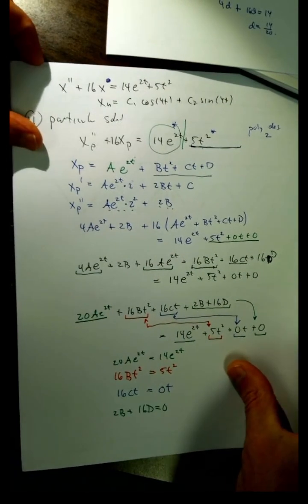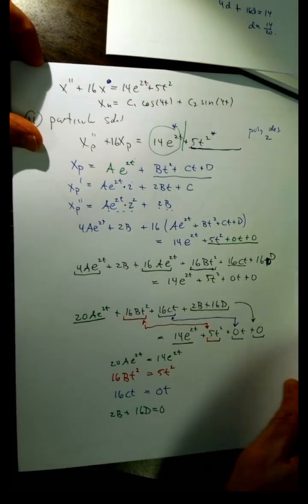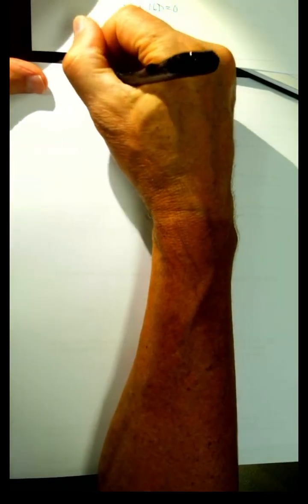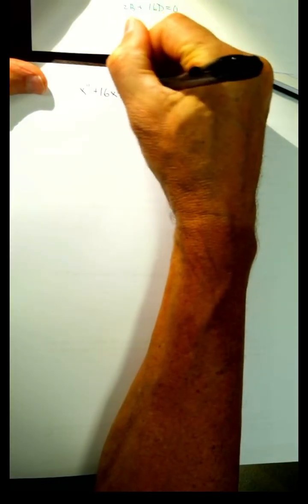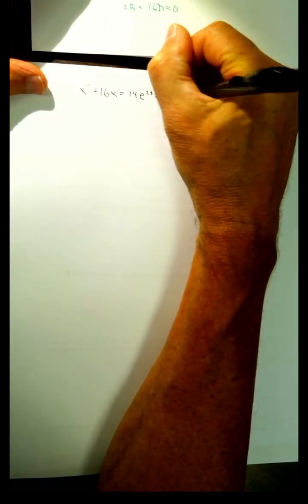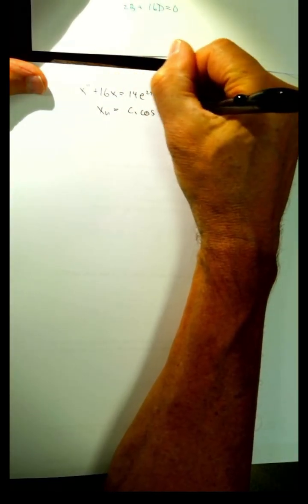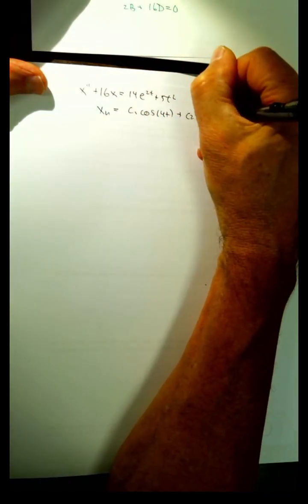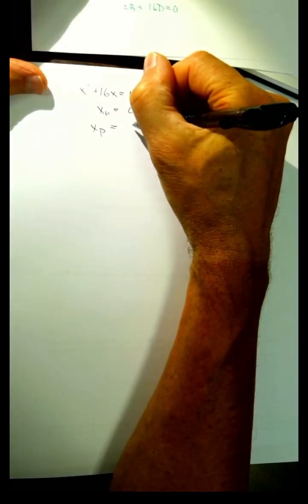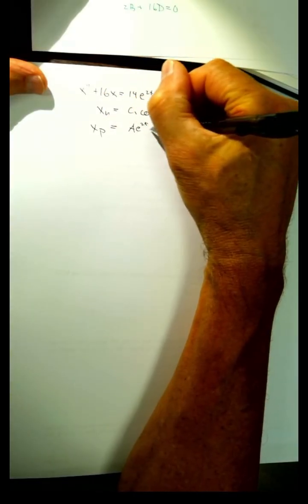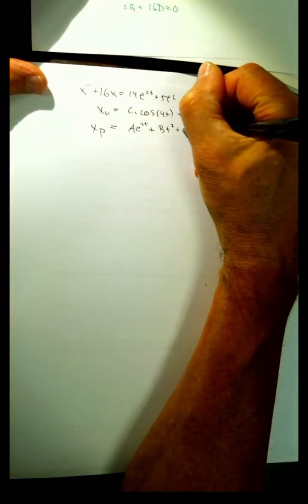All right, let's rewrite that. That's a lot. So what did we have? We had our differential equation, which is x double prime plus 16x is 14e to the 2t plus 5t squared. We had a homogeneous solution of c1 cosine 4t plus c2 sine of 4t. Now for my particular solution, I guessed a e to the 2t plus bt squared plus ct plus d.